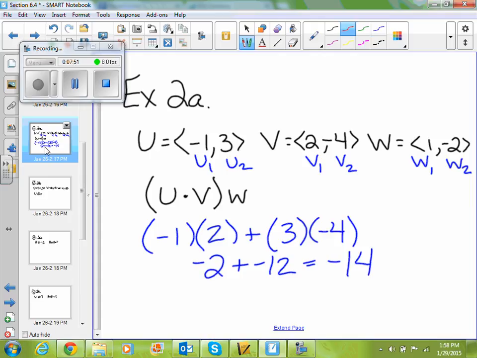The second part of that was taking that times w. So if I fill in w, which is 1, negative 2, then I just distribute my negative 14. So negative 14 times 1 is negative 14. Negative 14 times negative 2 is positive 28.